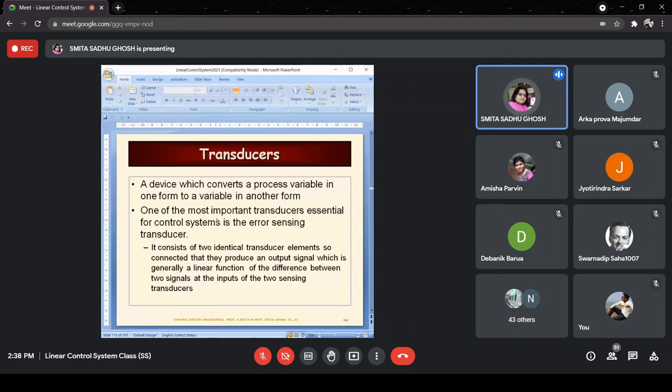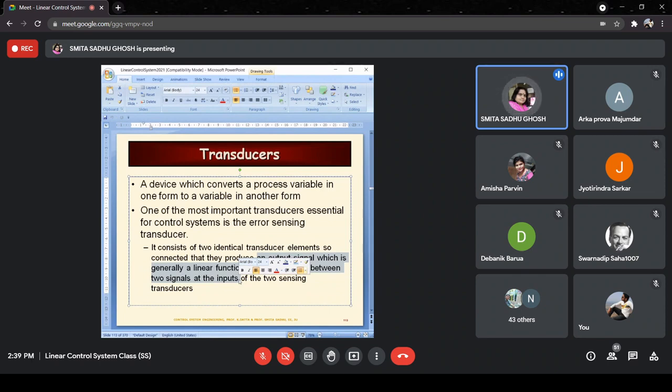Because we don't have a diagram, I'll repeat what is being said: there are two inputs to the transducer, and the transducer does the job of comparing those two inputs and generating an output which is proportional to the difference between the two signals. That is what a transducing element acting as an error sensor is supposed to do.